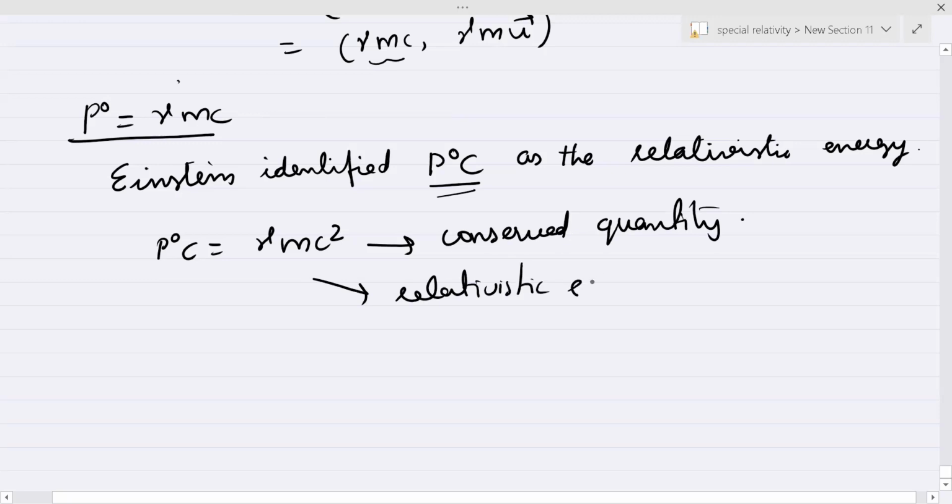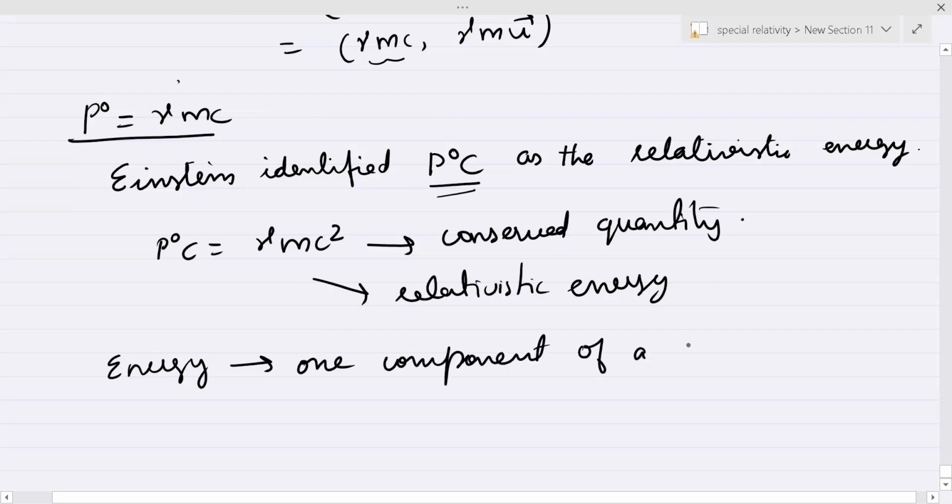So we see here that energy is getting a new meaning. What we called energy and momentum were earlier separate, but now energy is actually just one component of a four-vector.